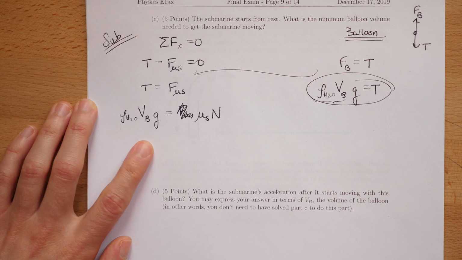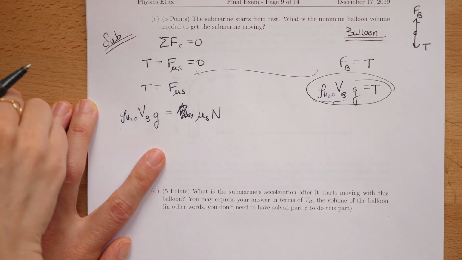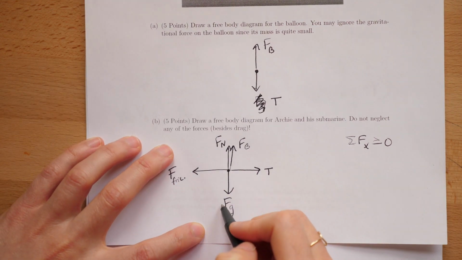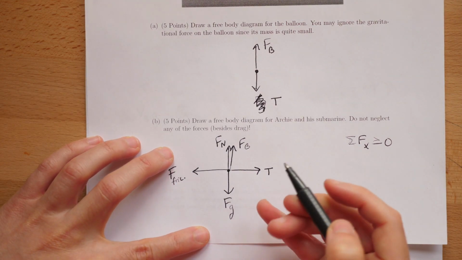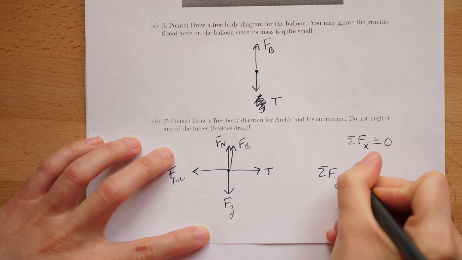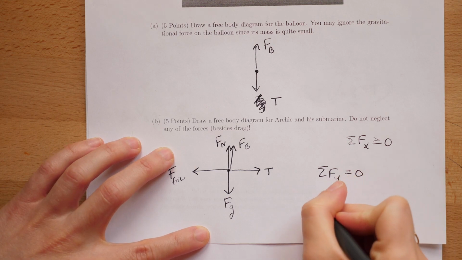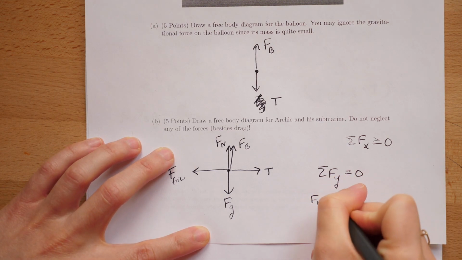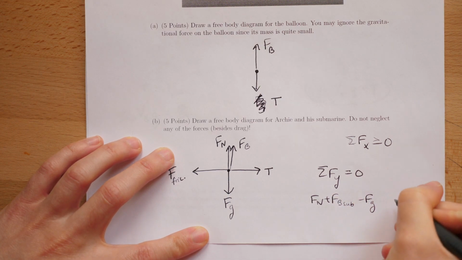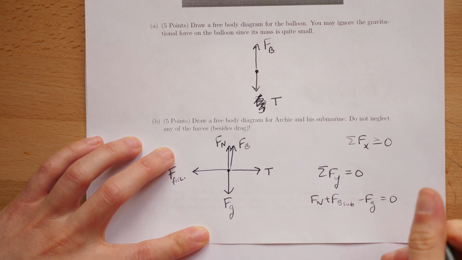Okay, so what's the normal force? If we look back at this picture, to get the normal force, remember it's not just the weight. We have to sum the forces in y and set them equal to 0. So we should have Fn plus the buoyant force on the sub minus Fg sub is 0.